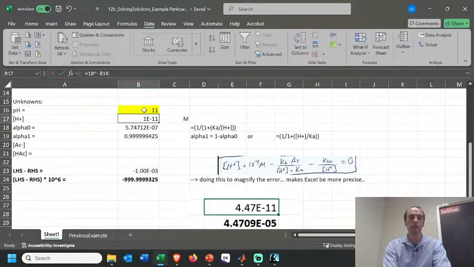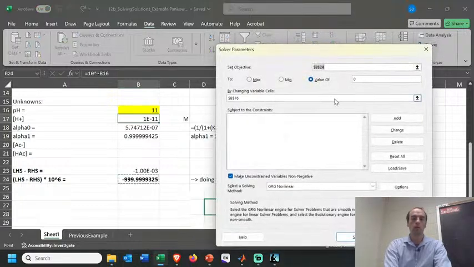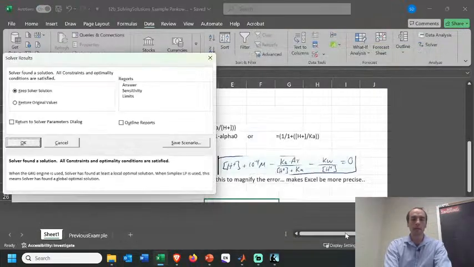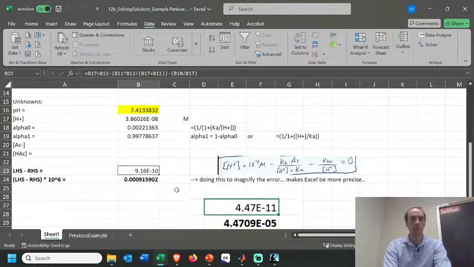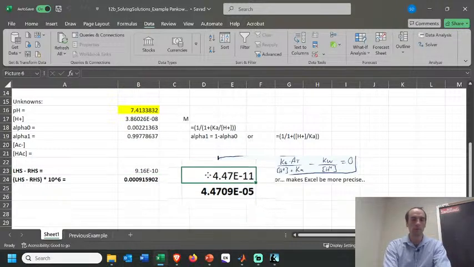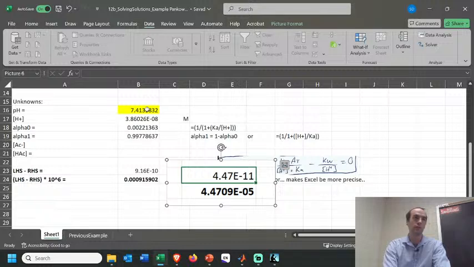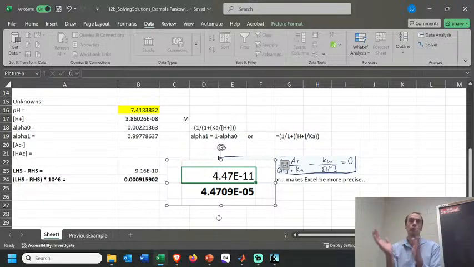So I'm going to put this to 11, and then we see it's pretty far away from 0. Go to solver, going to do the same thing again. Click OK on that. And now we have left-hand side minus right-hand side is a very different number than what I had earlier, right? But the pH is still the same. Is it just that it's arbitrarily close enough to 0? Yeah, so it's making guesses until it's close enough, and then it says, okay, we're good.